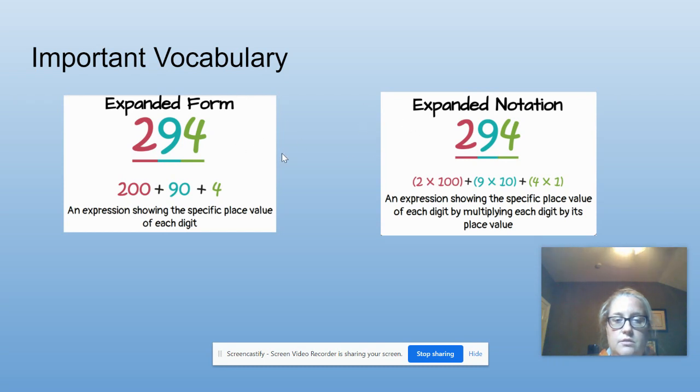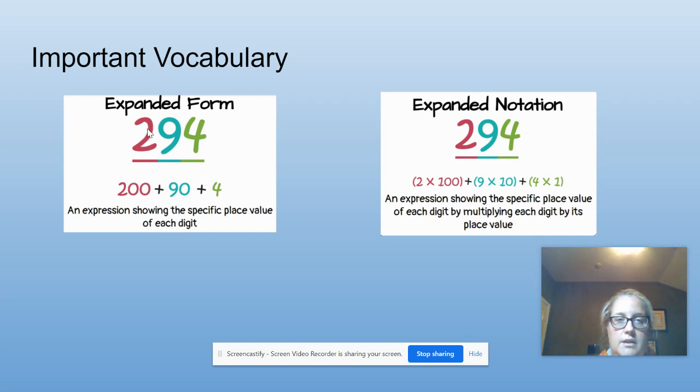Now, these two do seem very similar. They both have the word expanded in them, but they are a little bit different. So let's look at expanded form first. The number that we are given is 294. Now, expanded form is an expression showing the specific place value of each digit. So I have 200.